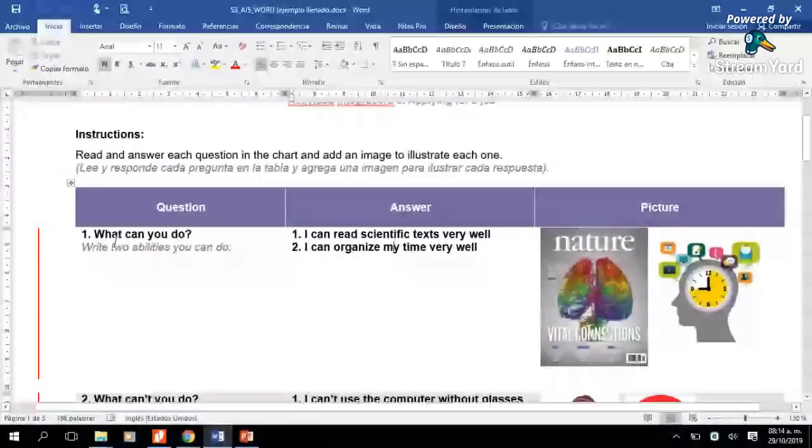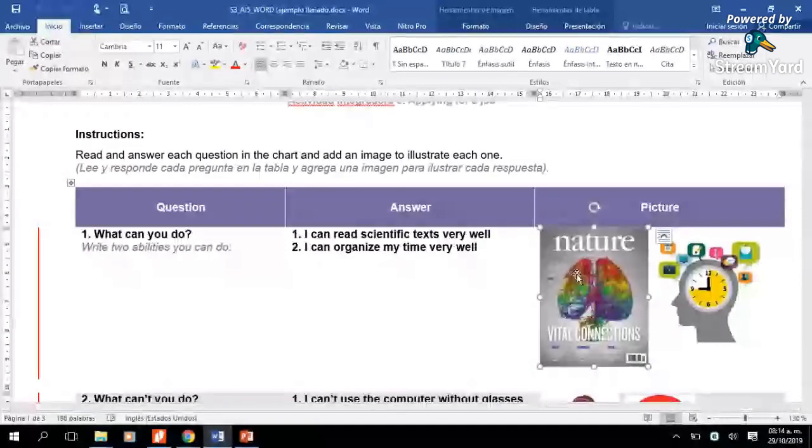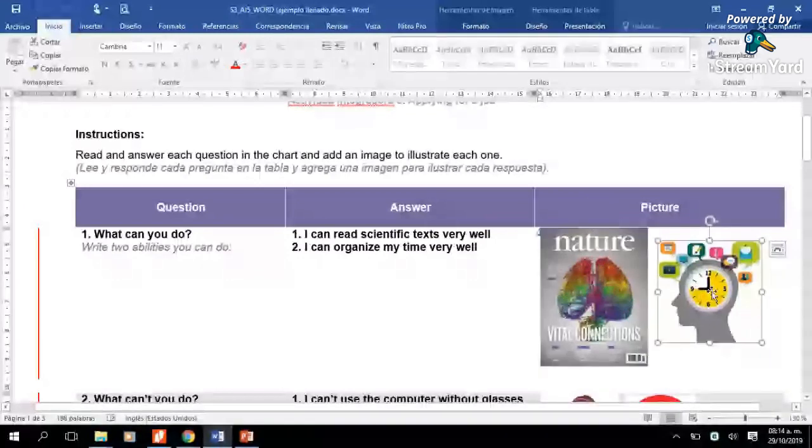I put the answer: I can read scientific texts very well. Also, I can organize my time very well. And I put a picture that illustrates this information. This is Nature, a very famous scientific magazine. And here is a picture that illustrates the organization of my time.